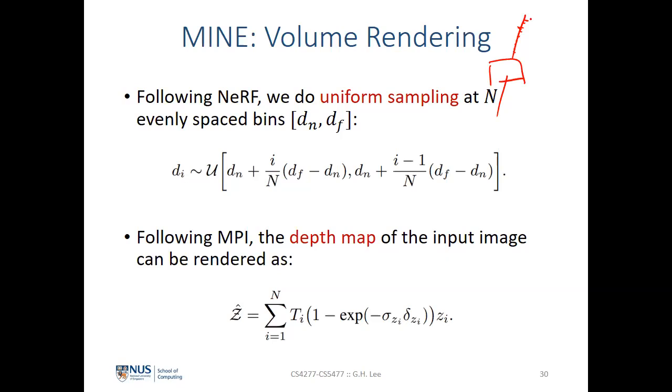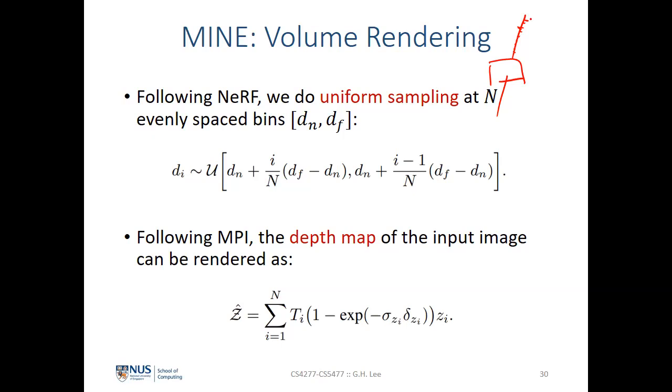So what they do here is that they split the training into two stages, from coarse to fine. The obvious choice of where to sample is near the surface. Let's say I see this monitor here, and I have a ray that passes through here.